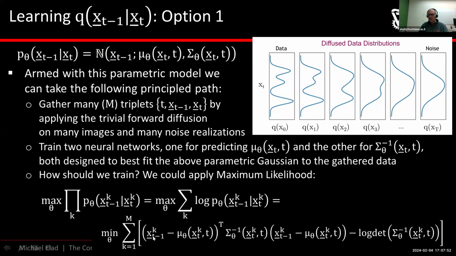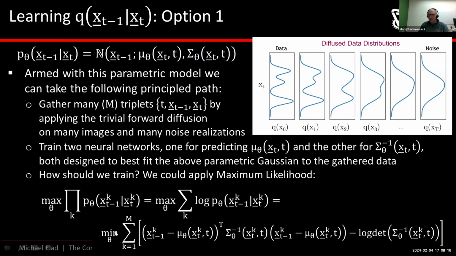What do you see here? It's xt minus 1 minus the mean, xt minus 1 minus the mean that is computed over the same path with xt, okay? The kth element versus the kth element, and weighted with sigma minus 1 in between. This is the element that sits in the exponent part. If you are missing the minus here, don't worry, it's not vanished.